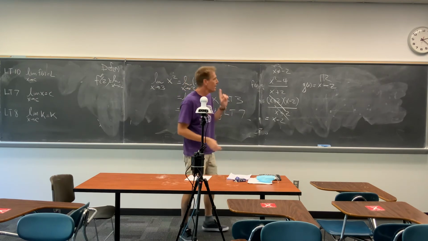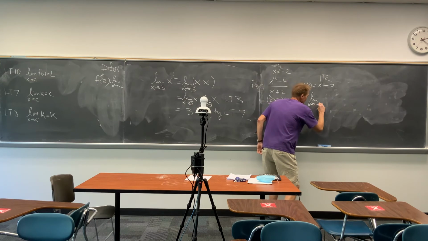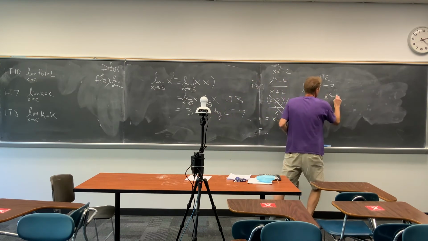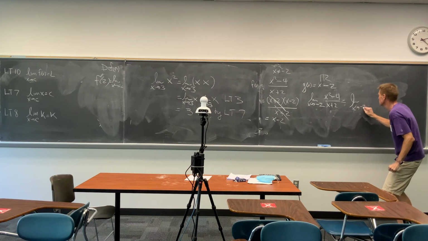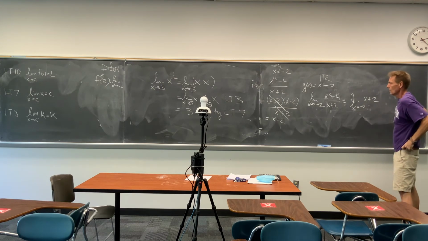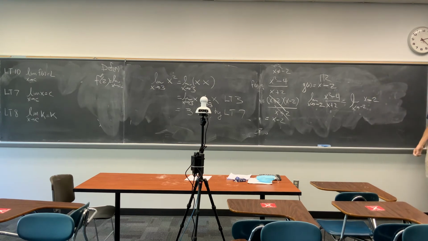Limit tool number 9 says the limit as x approaches that bad guy, negative 2, of this function goes to the same thing as the limit as x approaches negative 2 of that function.